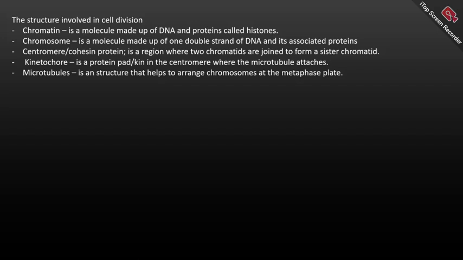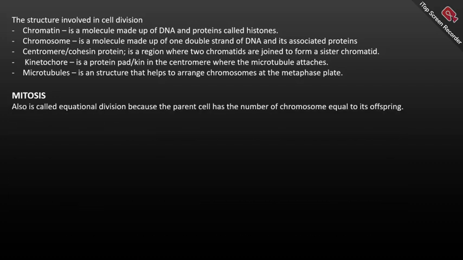Now let's talk about mitosis. What is mitosis? It is worth mentioning that mitosis is also known as equational division, because the number of chromosomes of the parent is going to be equal to the number of chromosomes of the offspring.